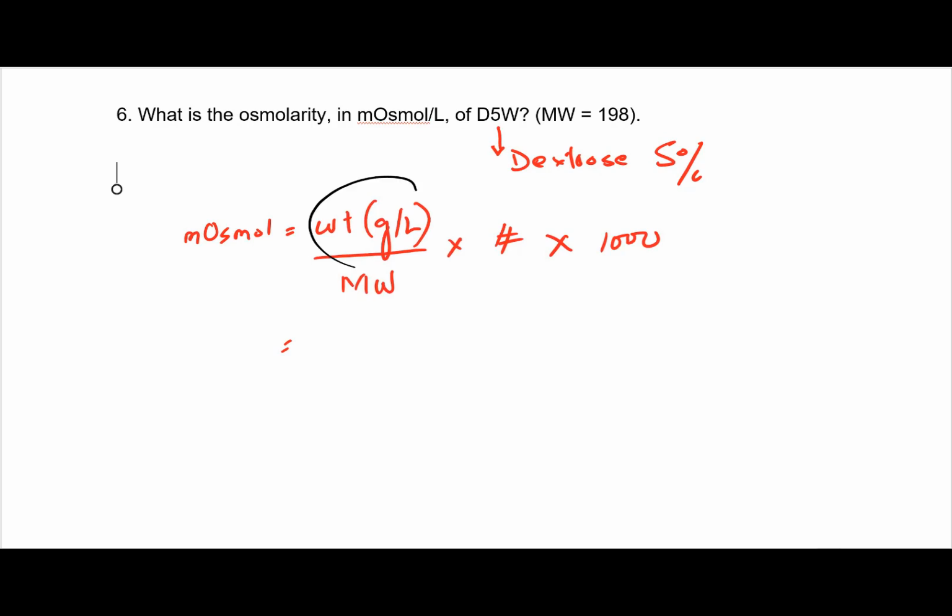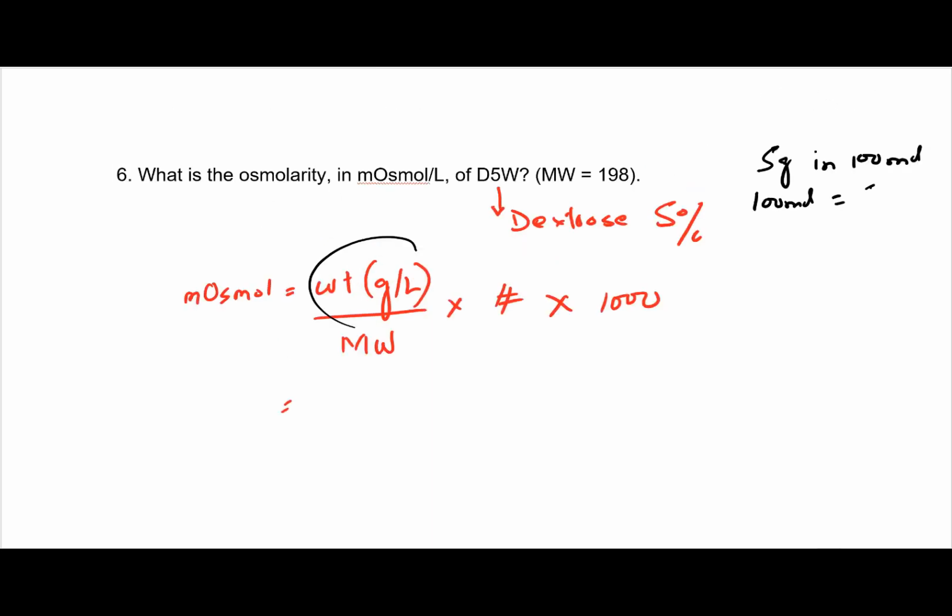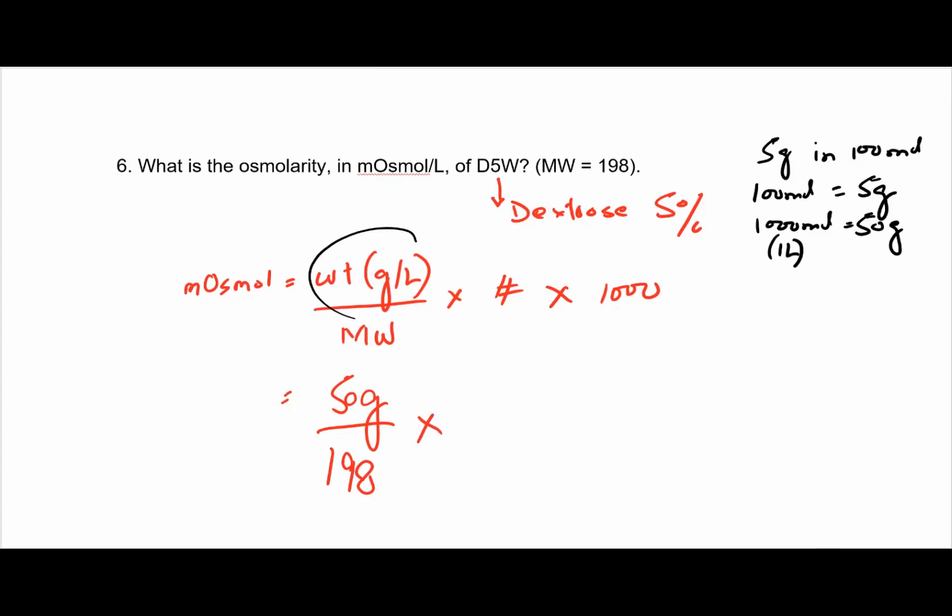From this information. 5% means 5 grams of dextrose is present in 100 mls. So 1000 mls will have 50 grams of dextrose. So I will plug 50 grams here. Molecular weight is 198. Number of particles for dextrose is 1.